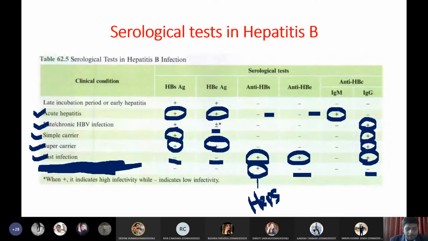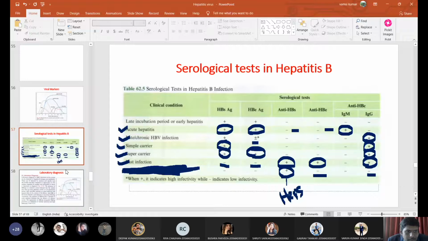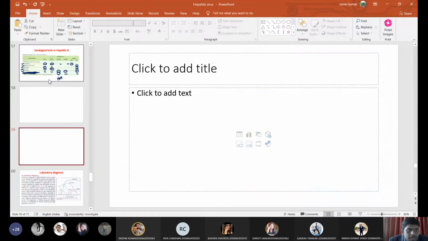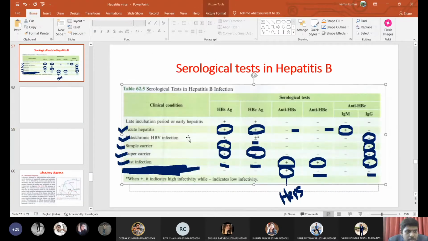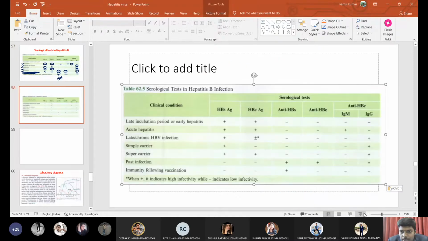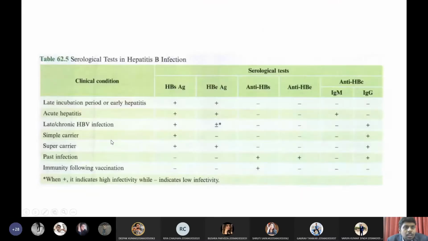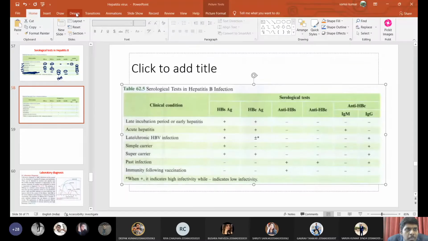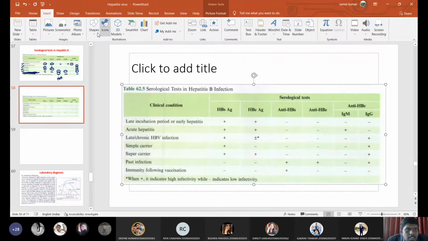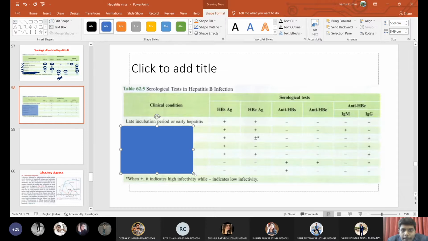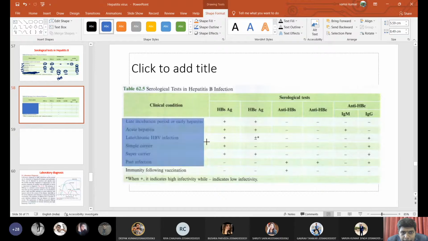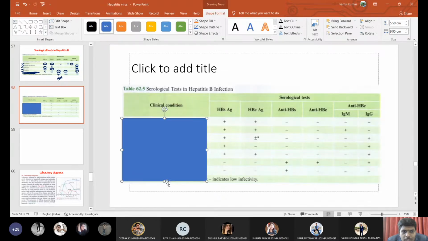Let me do one thing. One second, students. Let me take one more table. Let me do it like this. Insert this one. And I will also take.